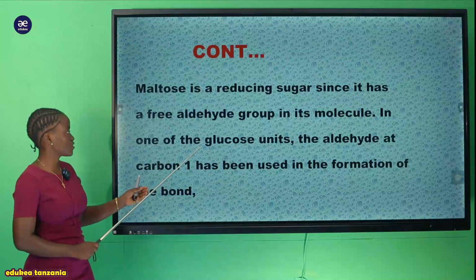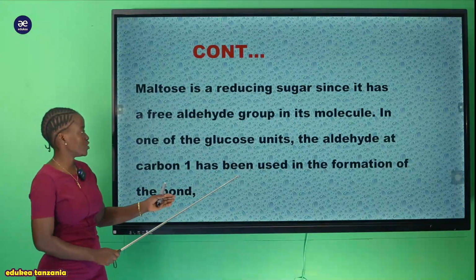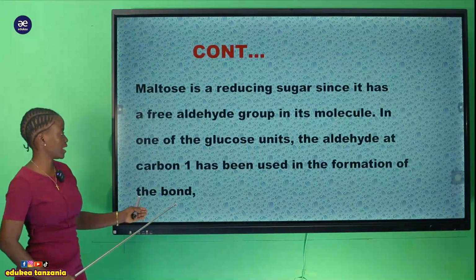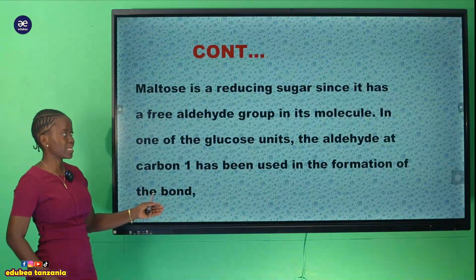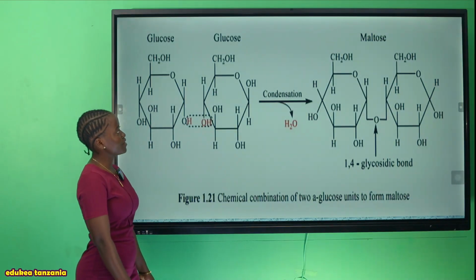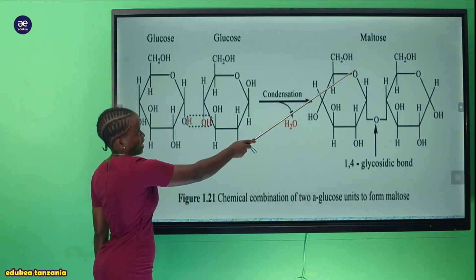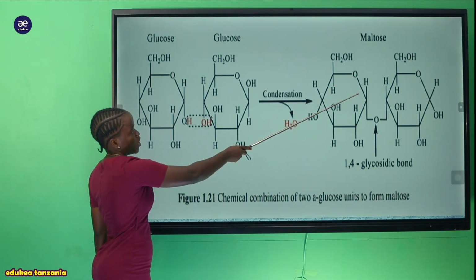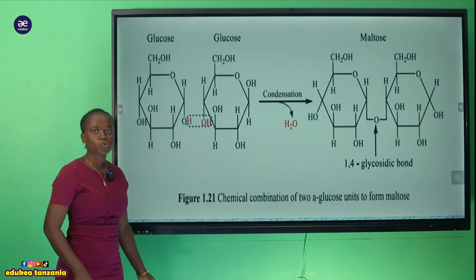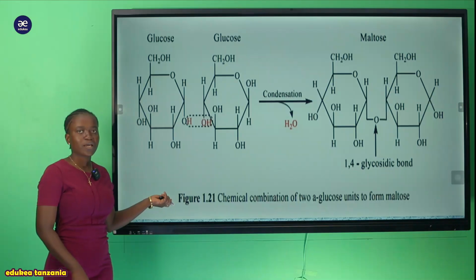And in one of the glucose units, the aldehyde at carbon number 1 has been used in the formation of the glycosidic bond. You can see in this figure, in carbon number 1, this is the aldehyde group. So one of its atoms has been used to form the glycosidic bond.